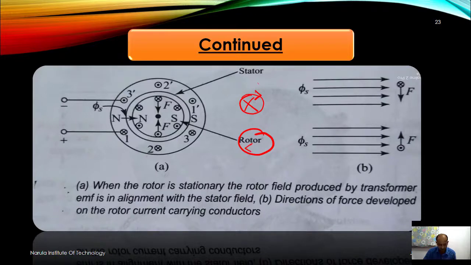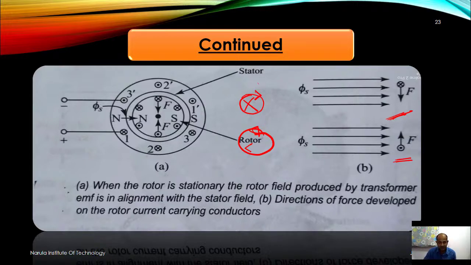The direction is opposite. So here we can see the force is downward for cross current and upward for dot current. These two forces cancel each other, so there is no production of torque. So the torque angle is 0, and the single phase induction motor is not a self-starting motor.